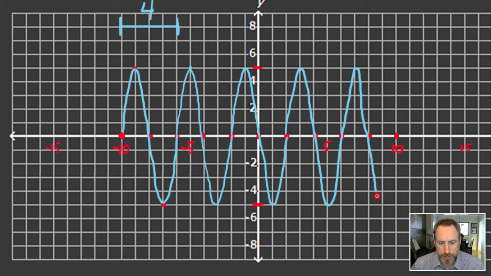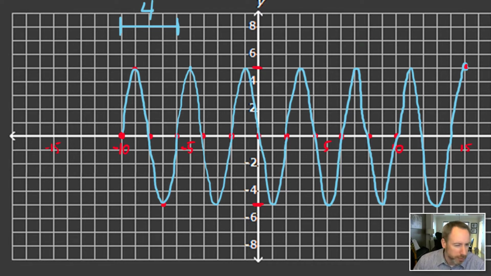So let me just get to that 15. And so we're going to end at a max. So, there's one example. It doesn't necessarily have a vertical translation of any sort. If we wanted to draw it slightly different, we could have maybe started higher, started lower. It's really up to you.